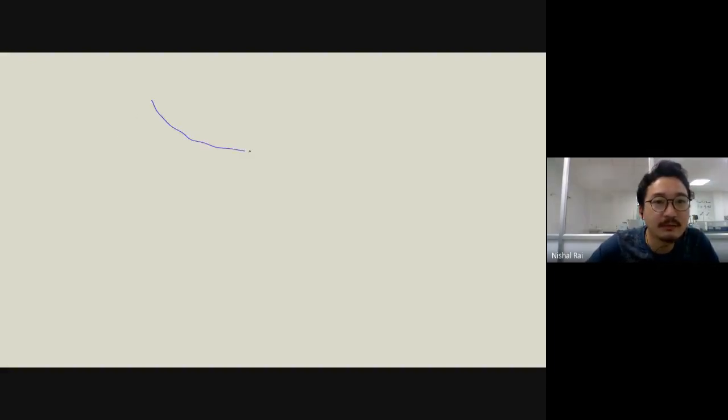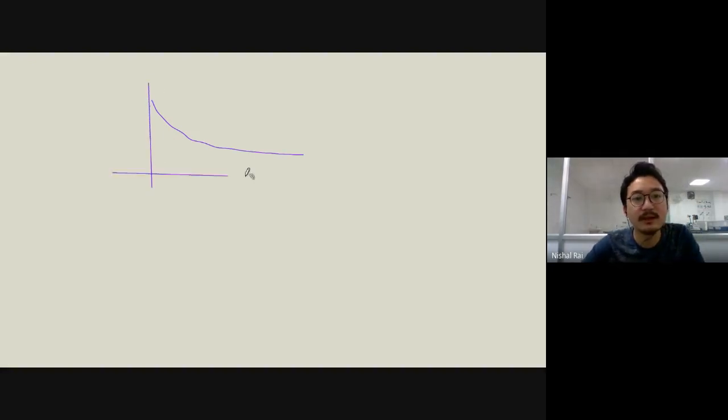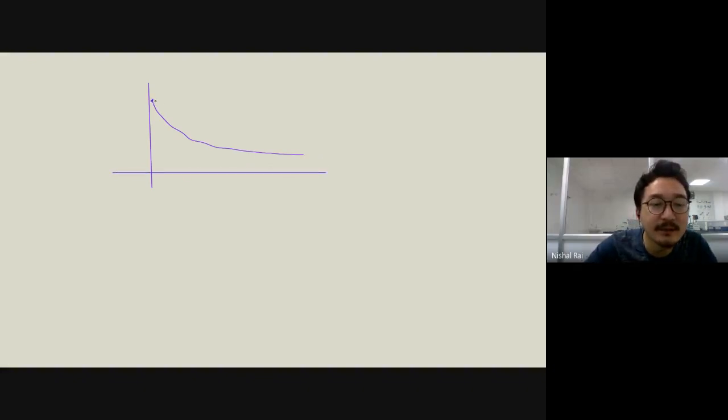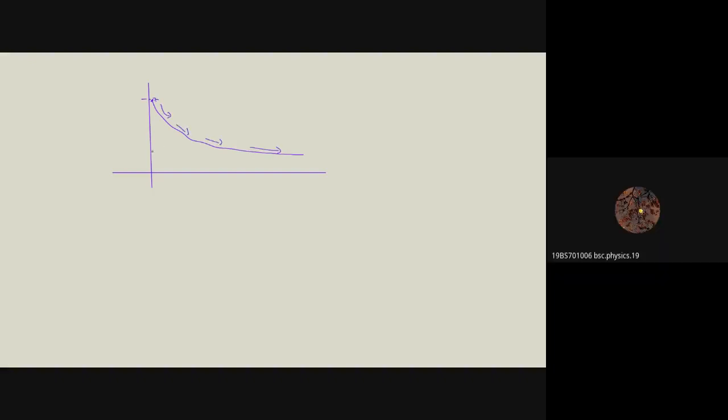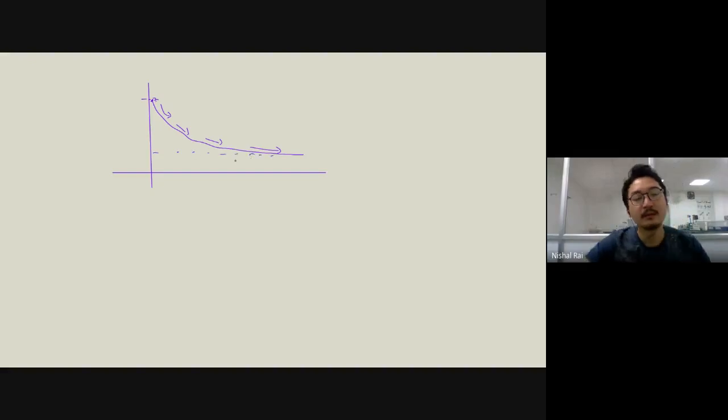It will become like this. The gradient is negative, okay? Why is the gradient negative? Because the temperature is getting dissipated, the heat is flowing from this zone and it's decreasing, and after a certain time it will be at equilibrium. Clear?